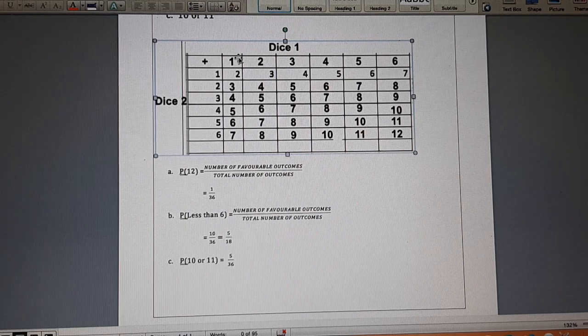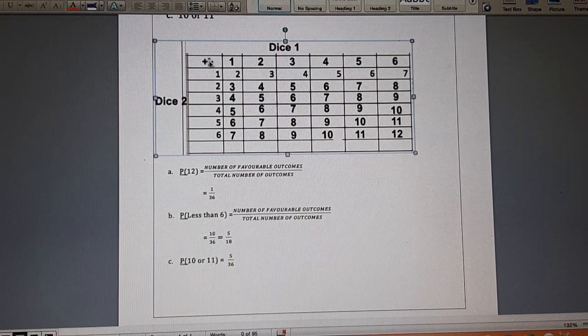Dice 1 has the outcomes 1, 2, 3, 4, 5 and 6. These are the possible outcomes for dice 1, and these are the outcomes for dice 2, that is 1, 2, 3, 4, 5, 6.